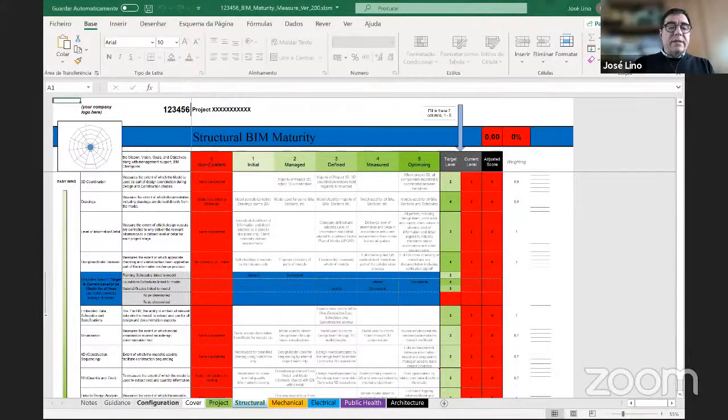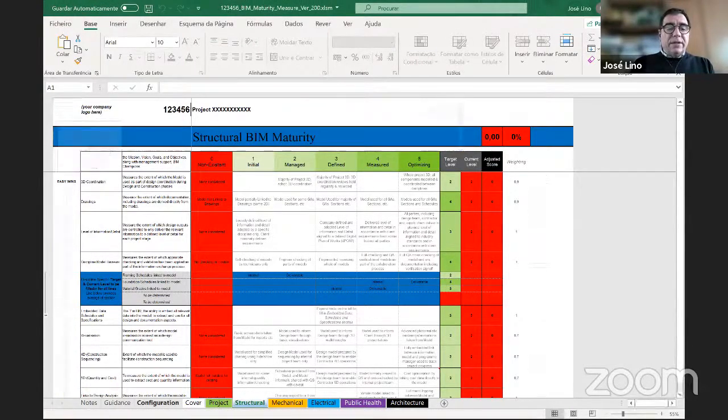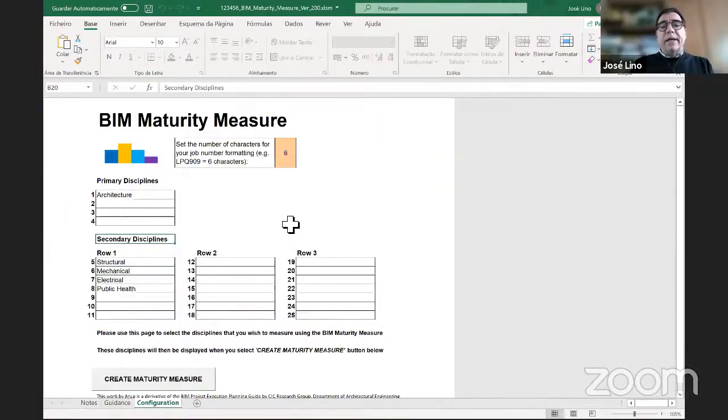Okay, I will show you quickly one example of this maturity matrix, for instance, a maturity matrix shared by Arup, that is very well known, where you, for instance, see primary disciplines. It's an Excel file with macros, okay?